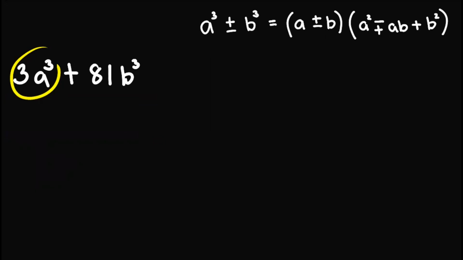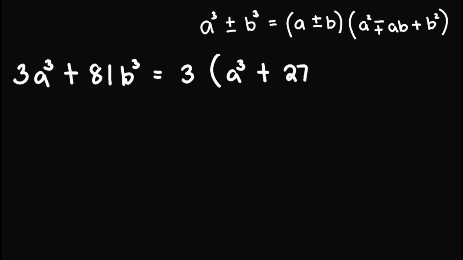But note that we can actually apply the GCF out here. Since both of these terms have a factor of 3, we can write this one as 3 times a cubed plus 81 divided by 3 is 27b cubed.